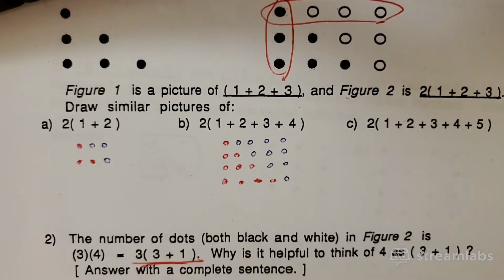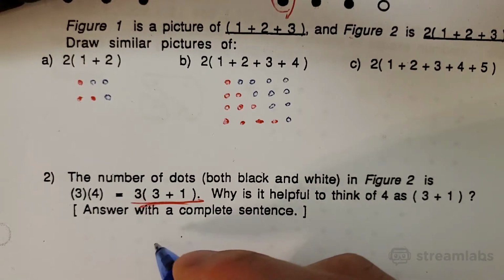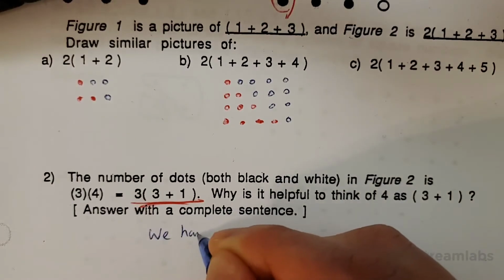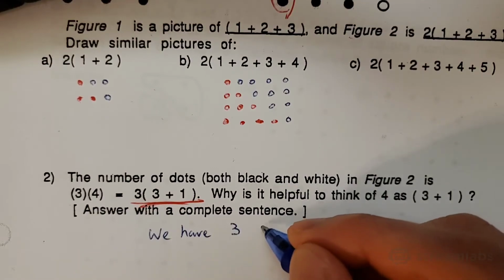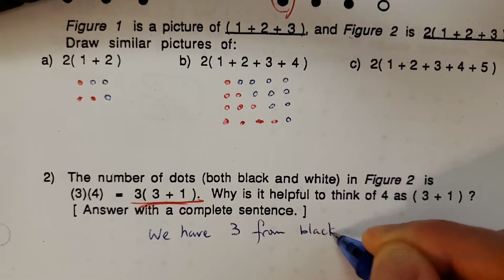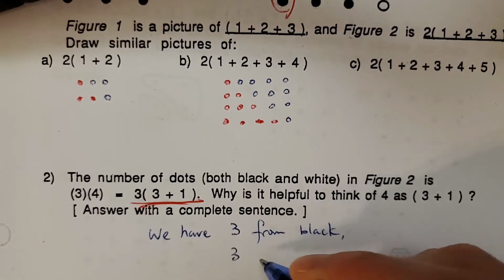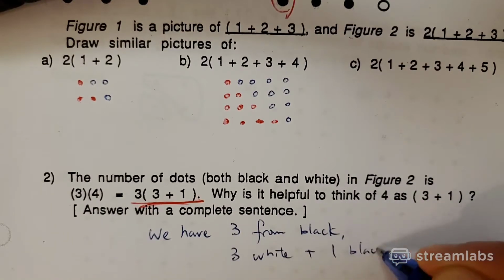Well, to be more methodical, you can say we have 3 from black, right? And then 3 white plus 1 black, right?